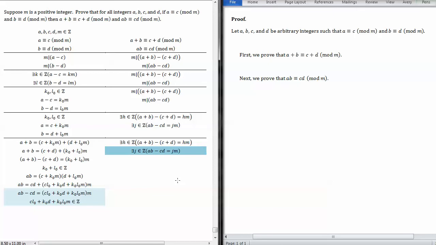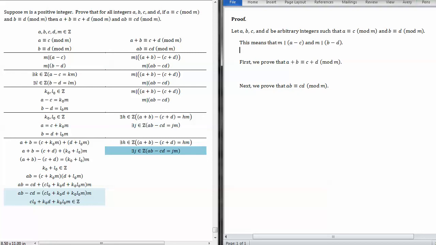All right, so let's write up the proof. Like I mentioned in the beginning, we're supposed to prove this for all a, b, c, d, so we'll let a, b, c, d be arbitrary integers, and then suppose that we have these two congruences to begin with. Before we worry too much about the goals, I'm going to boil down the definitions here. This means that m divides a minus c, and m divides b minus d.